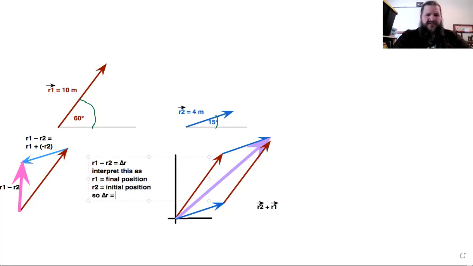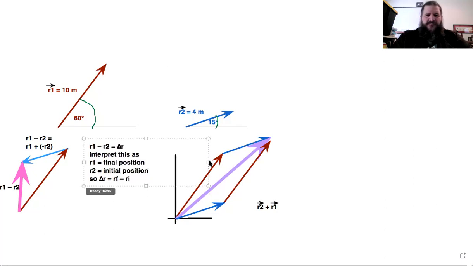So we get just R final minus R initial. Anytime you're subtracting two different values of the same quantity, you can always think of that as possibly representing a final minus initial sort of change. So if we look at it that way, we're basically looking at the difference between two positions.